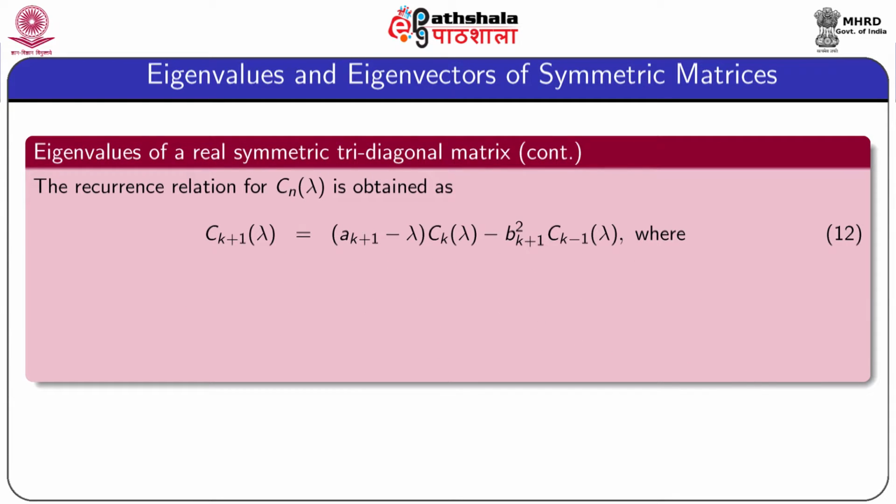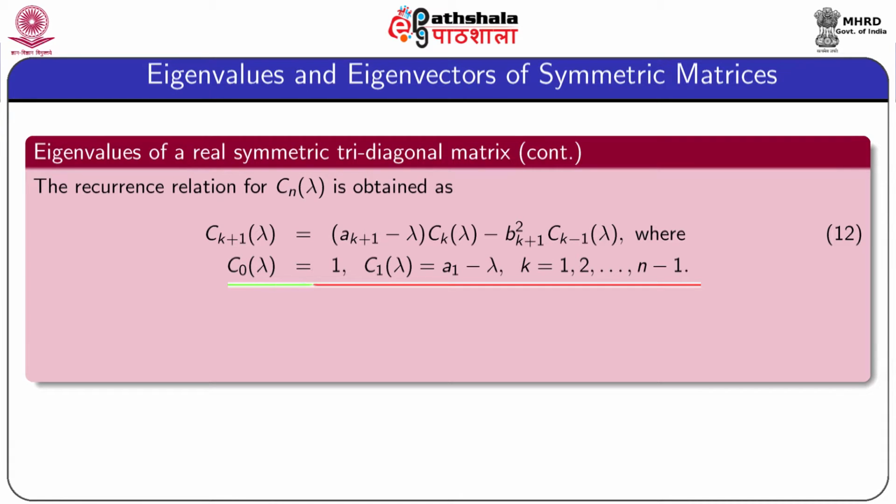The recurrence relation for Cn(lambda) is given by C(k+1)(lambda) equal to (A(k+1) minus lambda) into Ck(lambda) minus B(k+1) whole square into C(k-1)(lambda), where C0(lambda) equal to 1 and C1(lambda) equal to A1 minus lambda, and this is true for all k equal to 1, 2 up to n minus 1.